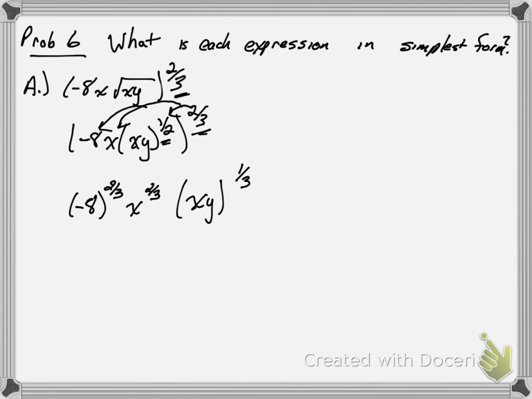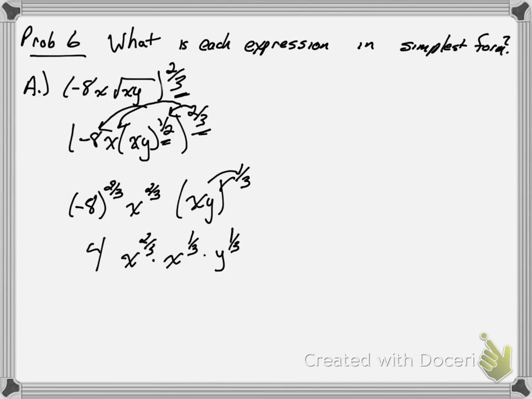So you can go ahead and simplify. Remember, power to a power, you multiply. It's one of our exponential rules. Now, I would go ahead and distribute this, make it easier. So we get negative 8 to the 2/3. Punch it in your calculator. You get positive 4. You get x to the 2/3 here. There's nothing to do yet with that. And then x to the 1/3 times y to the 1/3.